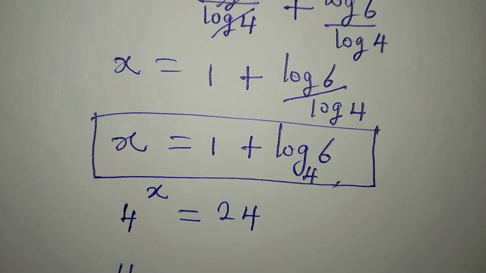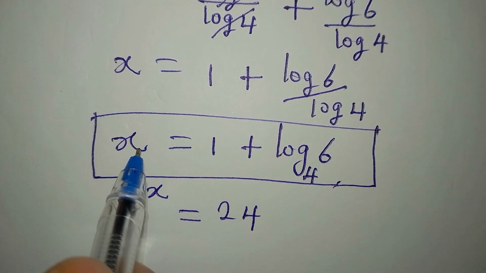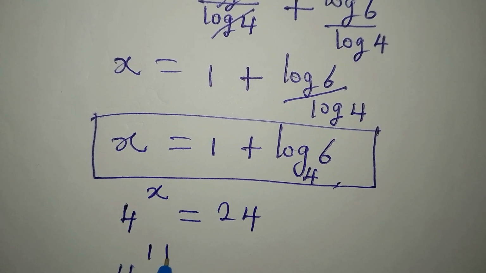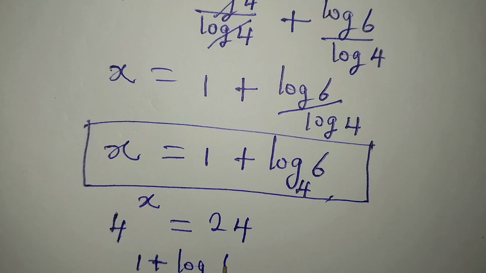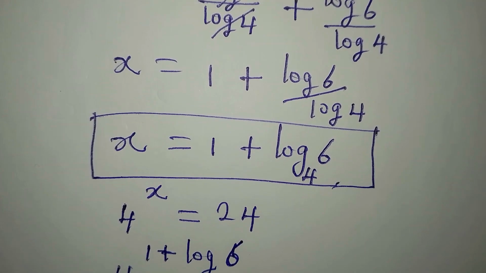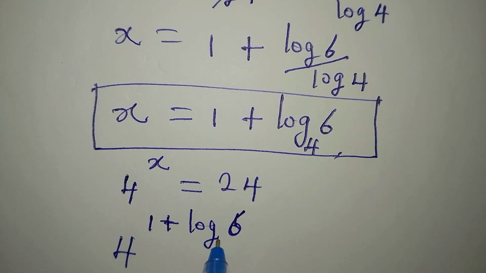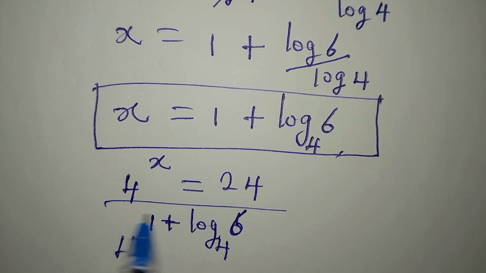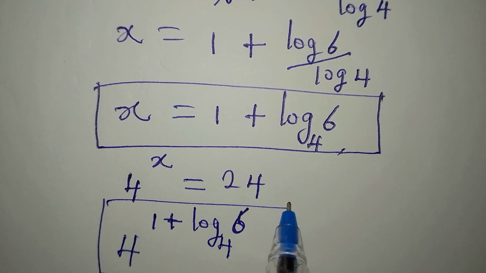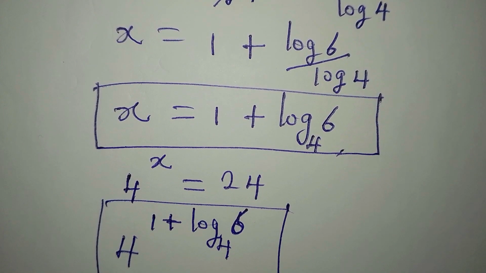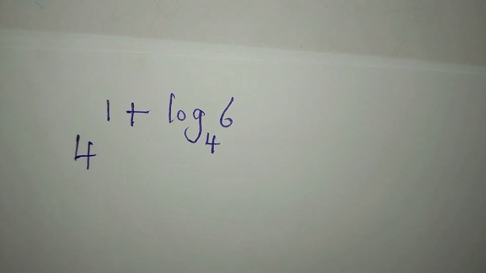So now we're having 4 to the power of, in place of x, I'll write 1 plus log 6 to base 4, right? So if we work on this, how do we get 24 on the right? So sit back and learn.